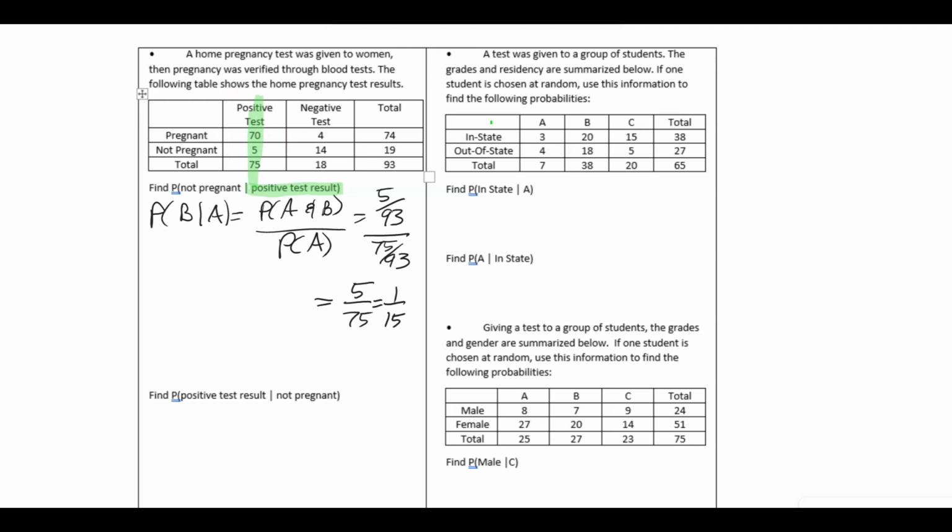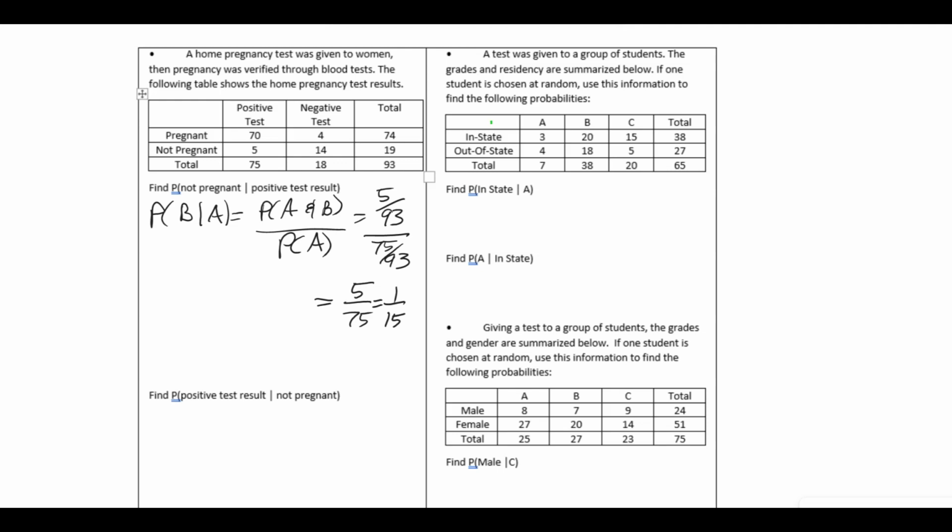So if we just look at that as the space that we're dealing with, and then we're looking for how many are not pregnant out of the total, we directly see it's 5 out of 75, which reduces to 1/15. I think this, instead of blindly using the formula, which works fine, gives us a little more confidence with what we're doing.